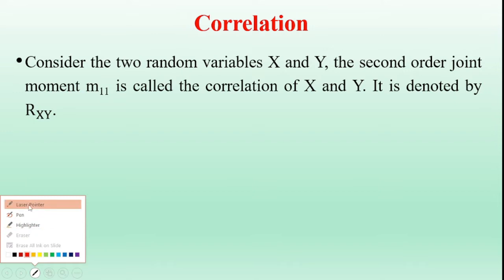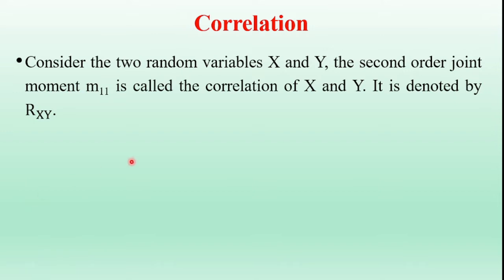In this video I am going to discuss the correlation definition and some important properties of the correlation of the random variables X and Y. The definition of the correlation between two random variables is: consider two random variables capital X and capital Y. The second order joint moment M11 is called the correlation of the random variables X and Y, and it is denoted by R suffix XY.